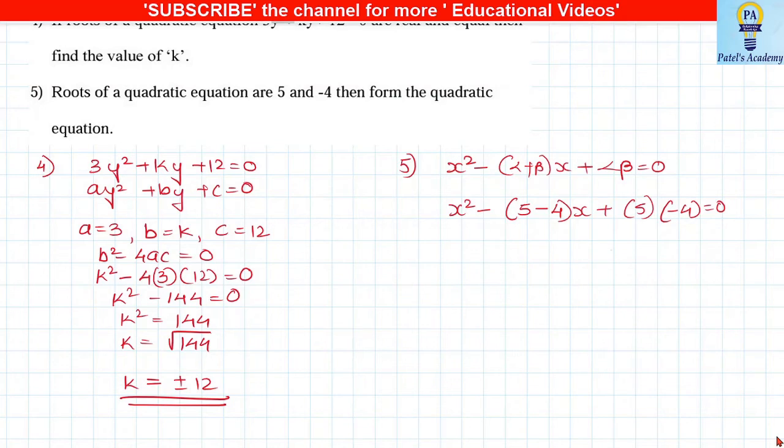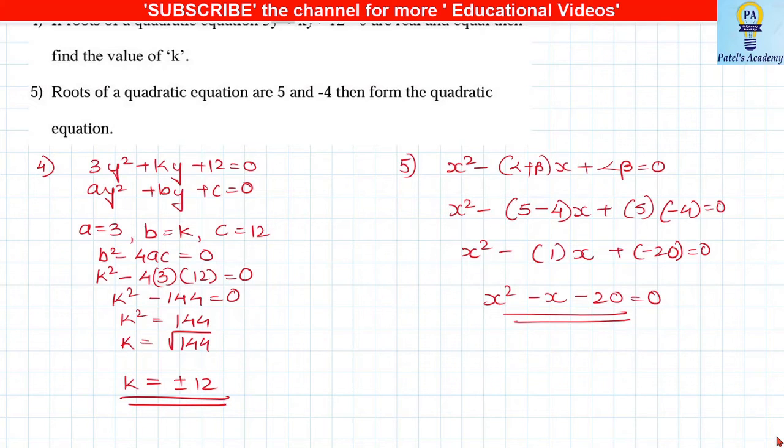Okay, so what I get is, this is plus minus 20. I solve this part first. X square minus 5 minus 4, 1 into x. So when I open the bracket, x square minus x minus 20 equal to 0.